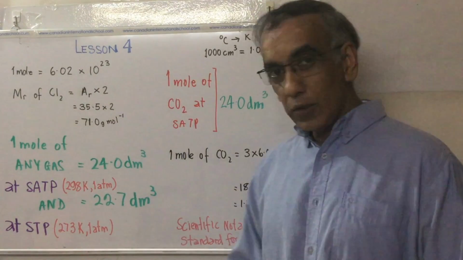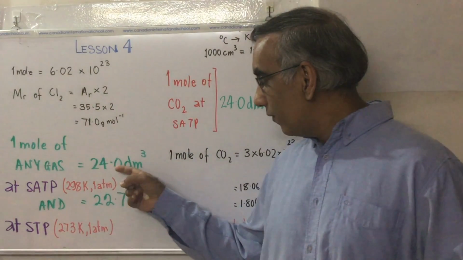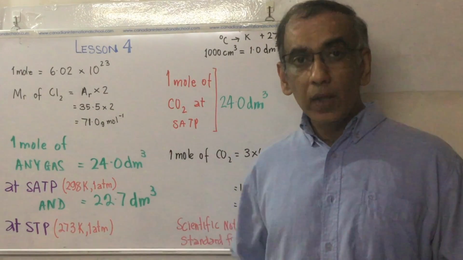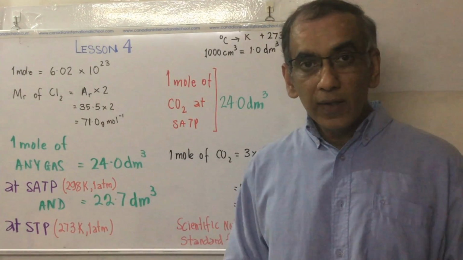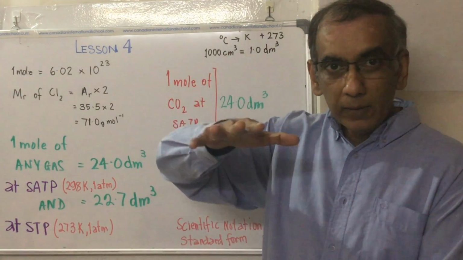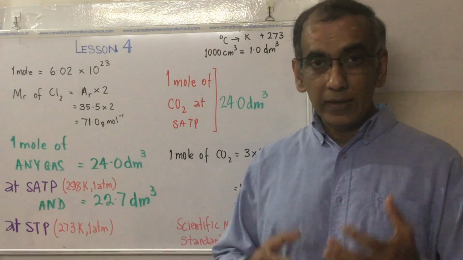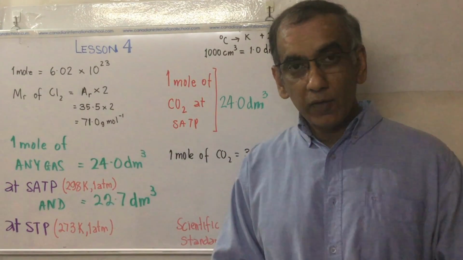So under those conditions, 1 mole of any gas occupies 24.0 dm³, decimeters cubed. 1 dm³ equals 1 liter. So you could think of a 1 liter bottle filled with carbon dioxide, at 25 degrees Celsius and at sea level with 1 atmosphere of pressure.